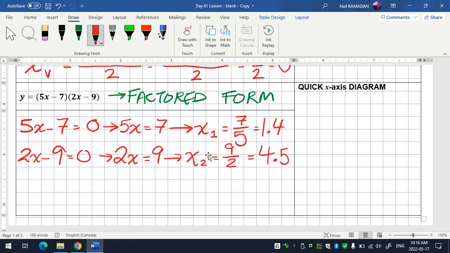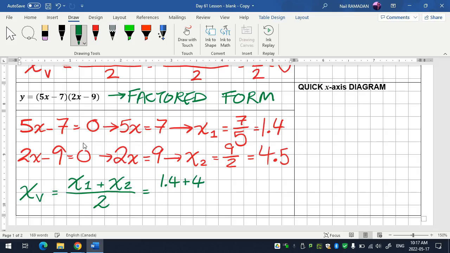What do I do with these two numbers now? I find the average of them. So I'm just going to jump to the last step. Xv equals 1.4. You know what? Let me actually write x1 plus x2. I know you don't have to write it every time, but it's always good to write the equation first. 1.4 plus 4.5.